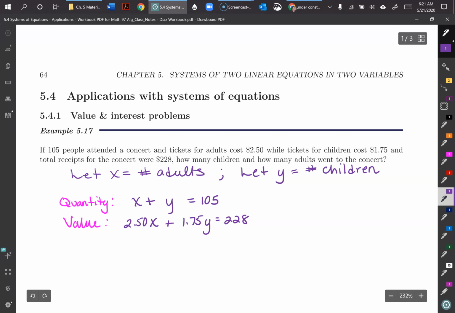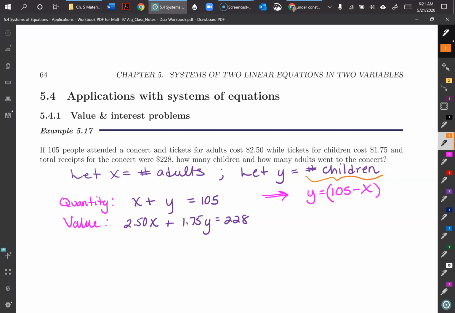And you guys have done similar problems to that, but you've done it by substitution really. Y equals the total 105 minus X, and that's representing the number of children.